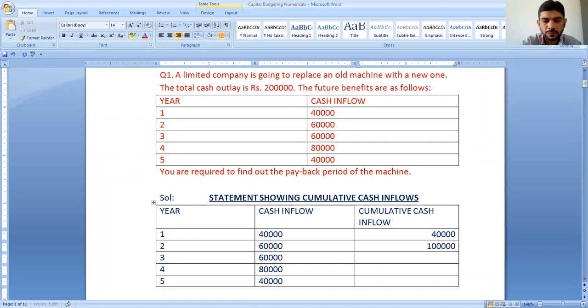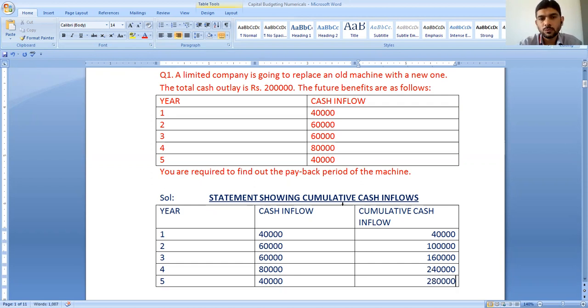It will be 1 lakh 60,000. Again, adding for the next year, it will be 2 lakh 40,000. For the next year, by adding 40,000, we will have 2 lakh 80,000.